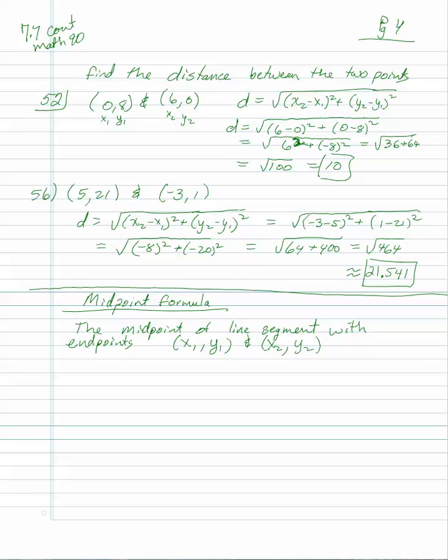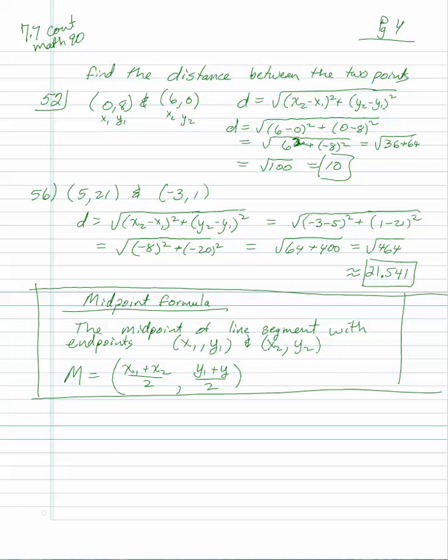So basically there's just any 2 points. The way you find the midpoint between them, you can think of it as like the average. You add the x coordinates, divide by 2, add the y coordinates, divide by 2. And as simple as that. Okay, so that's a big formula.